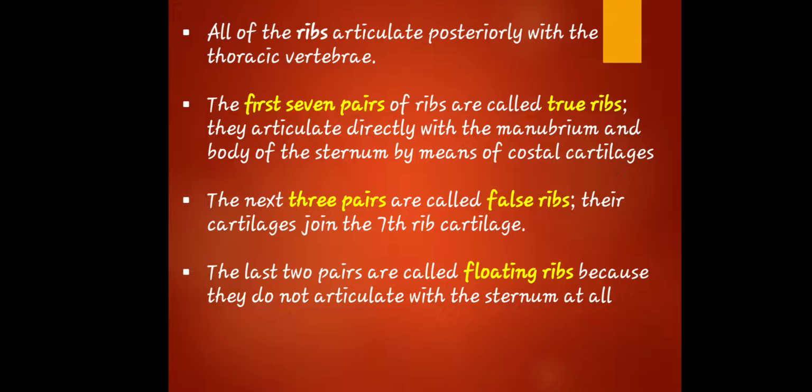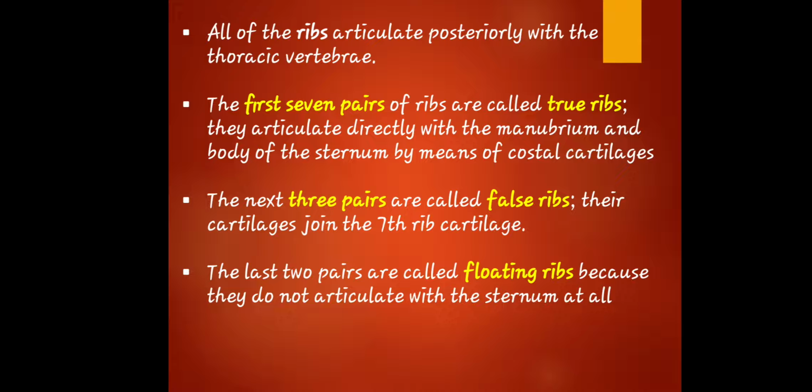And with this explanation, the ribs can be classified as true ribs, false ribs, and floating ribs. So, how many ribs are in the true ribs? We have 1 to 7 ribs. From 1 to 7 in the rib cage, those are the true ribs. While in false ribs, we have 8 to 12.